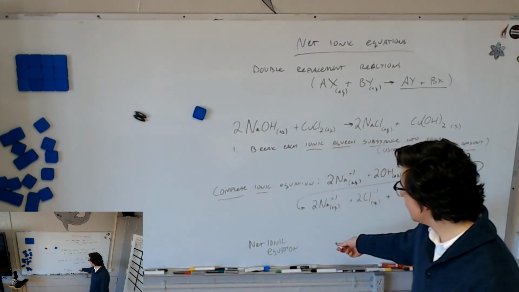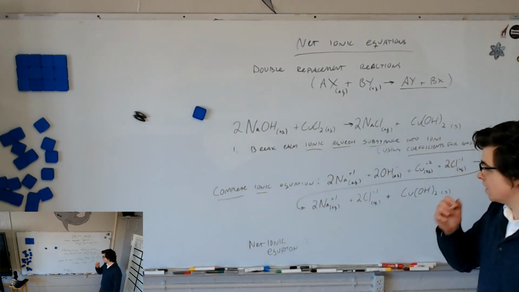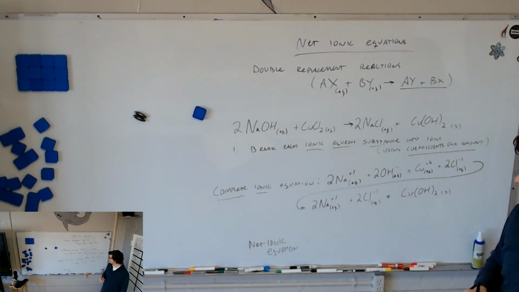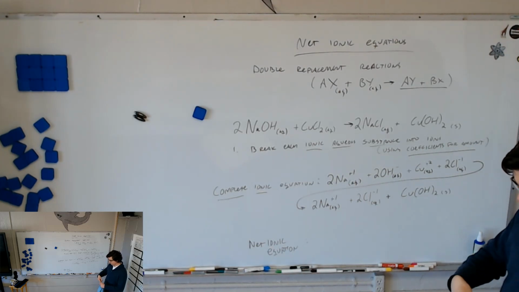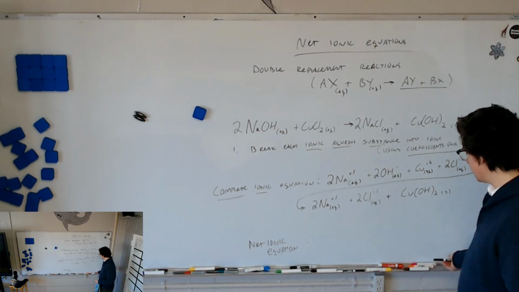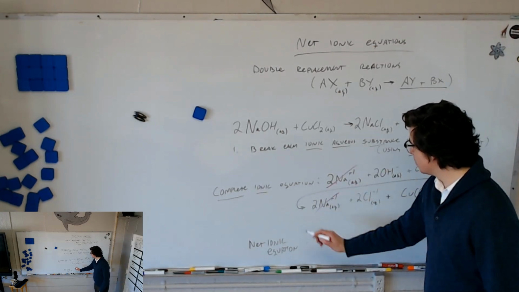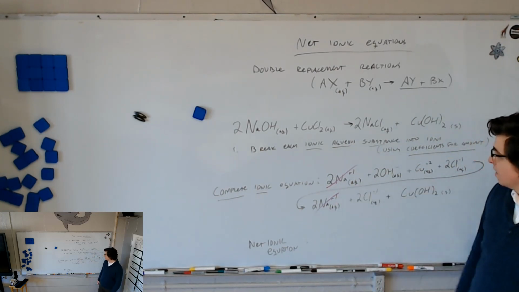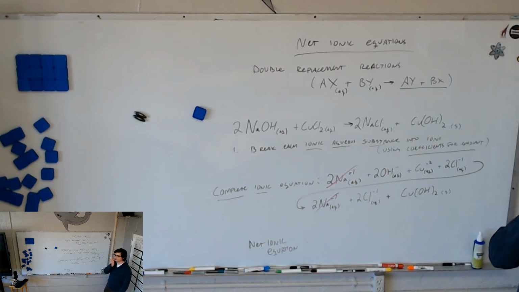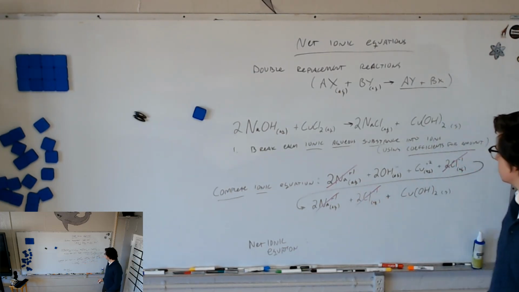So for this net ionic equation, can you guess what we're going to get rid of? Kind of like algebra, the things that are the same on both sides. Pretty close. So look, the sodium is the same on both sides. In both cases, it's 2 Na plus 1 aqueous. Is there anything else like that? The chloride, yep. Anything else?